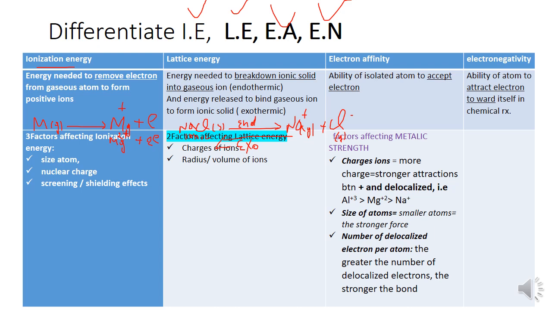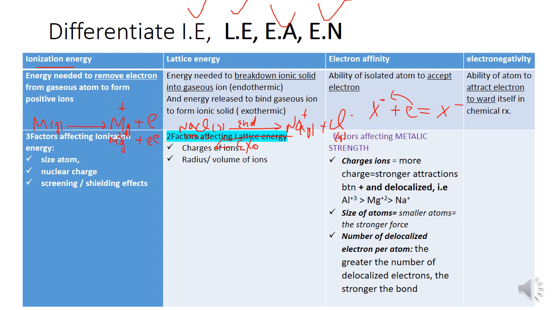What about electron affinity? It is when an isolated atom accepts an electron. For instance, if you have an atom and it accepts an electron, the electron moves to form an anion.